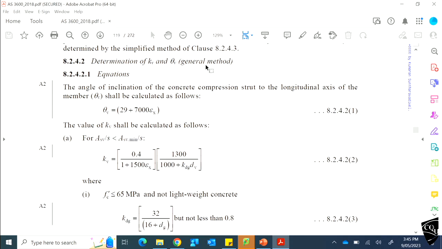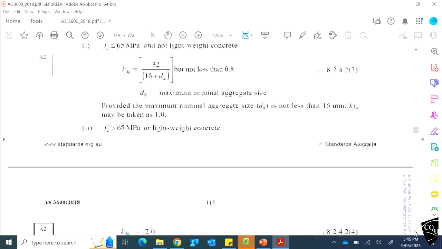But here we have pre-stress, so we have to find theta and k using this one. The only difference is we need to find epsilon x, the longitudinal strain. So we give the equation here.